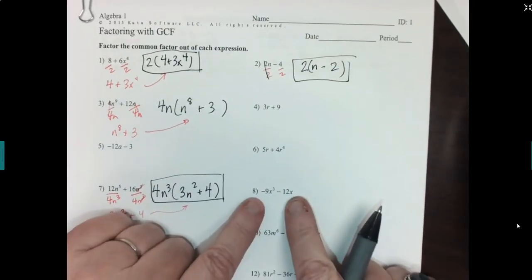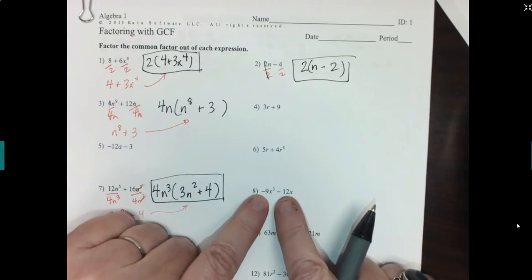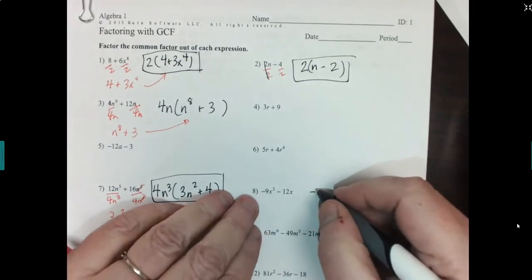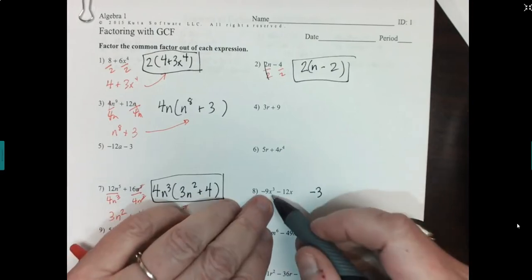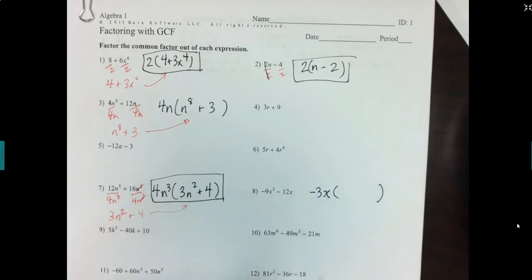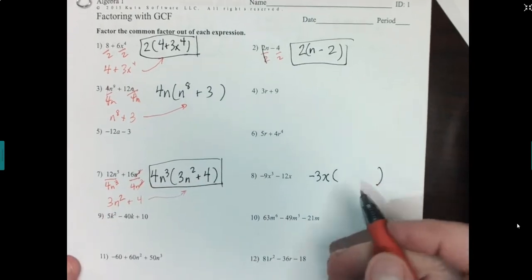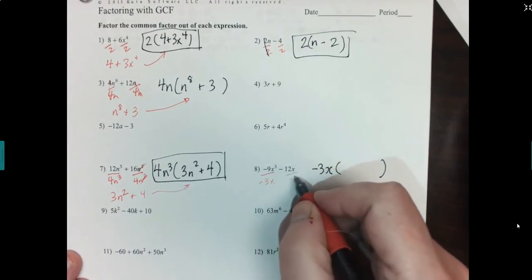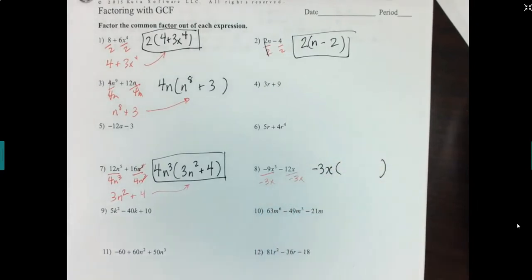All right, now with this, what do negative 9 and negative 12 have in common? They have a negative 3 in common. And then I have x cubed and x, so they have an x in common. So what's going to go in here? Well, it's going to be what I get when I divide both by negative 3x.